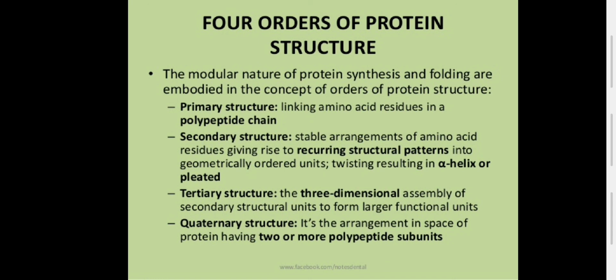Next, the third one is the tertiary structure. The tertiary structure is not the same as the secondary. Why? Because in tertiary, it has a three-dimensional structure: an assembly of secondary structure units to form large functional units. It combines secondary units, but the illustration of its structure is not the same.